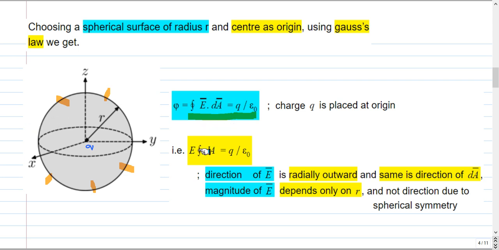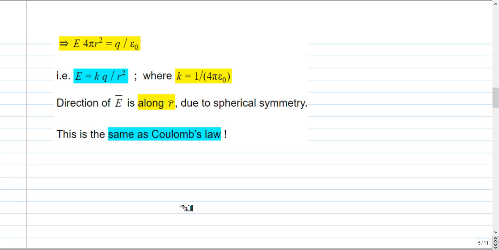Since the magnitude is uniform, it comes out of the integral sign. So the integral just becomes integral dA, which is the total surface area of the spherical surface, 4 pi r square. So from this we get the expression for electric field as kq by r square, where k is 1 by 4 pi epsilon naught.